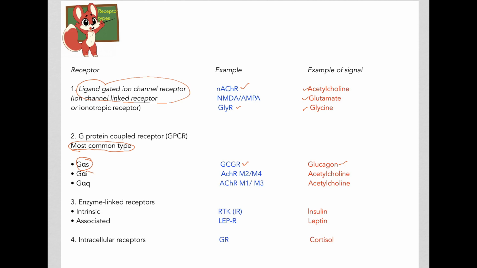And then we'll look at the GPCR that's associated with G-alpha I. Here we'll look at the M2, M4 acetylcholine receptors that bind acetylcholine. And then finally we'll look at the GPCR that's associated with the G-alpha Q protein. And here the example we'll use is the M1, M3 acetylcholine receptors that again bind acetylcholine.